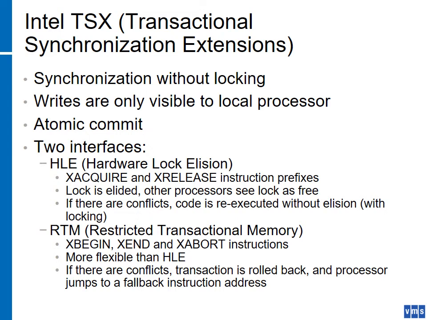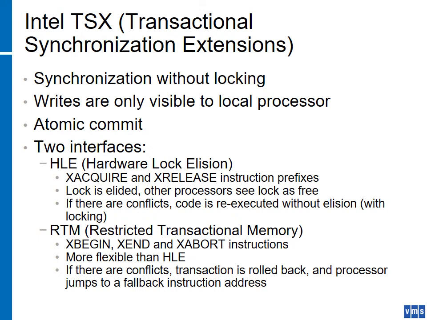So if there's no conflict, the code just goes through without actually taking the lock. If there is a conflict, we roll back and both threads will do this with the lock. So it's a simple way to make it work. And the nice thing about it is these prefixes get basically ignored if you're doing this on a processor that doesn't know about this extension yet.